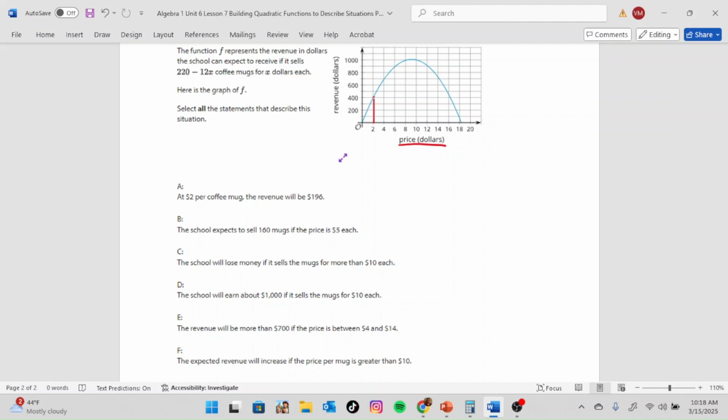When I hit it, I'll look to the left, and I see that at $2, we expect $400 in revenue, not $196. So A is wrong.